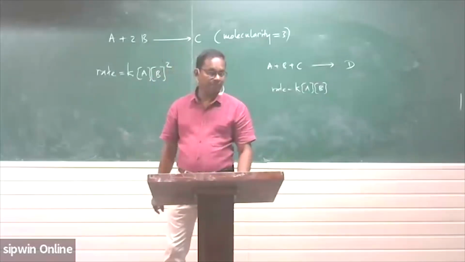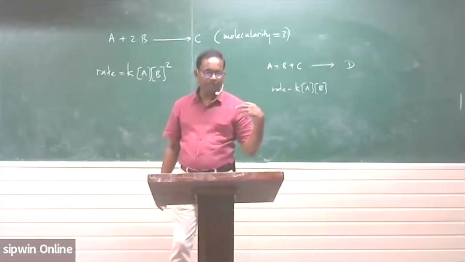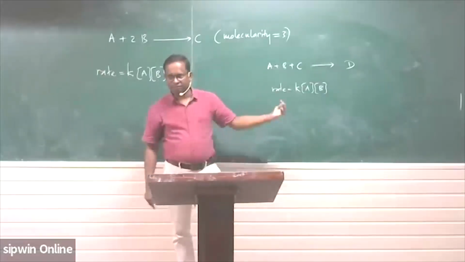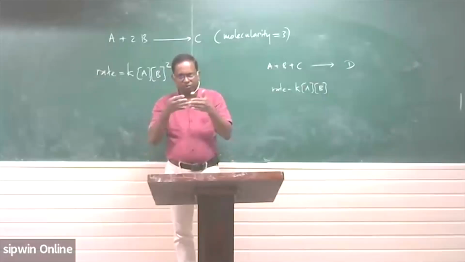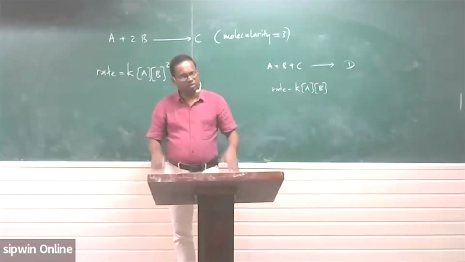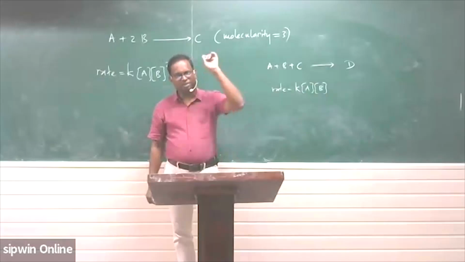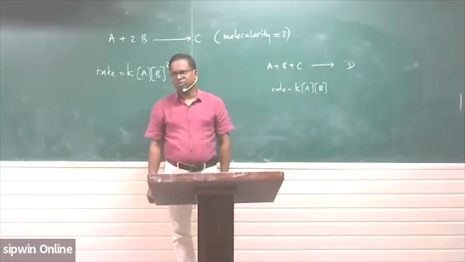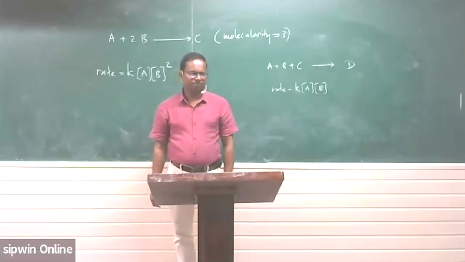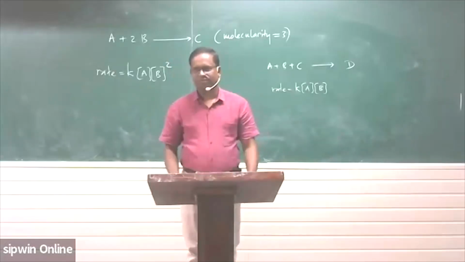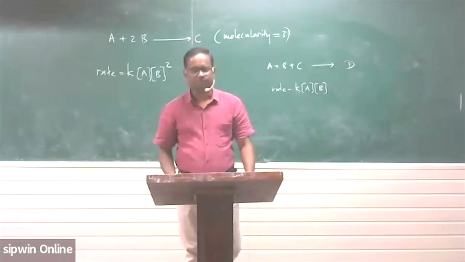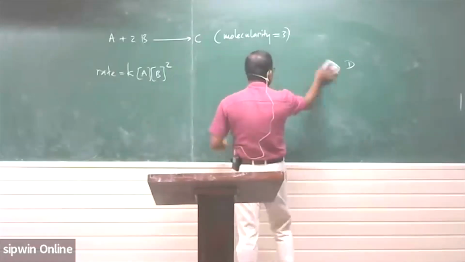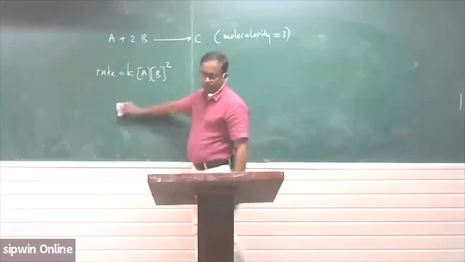These decisions are very important. They have given a rate law, and in that rate law some components are not there. That means you can directly decide this is definitely a multi-step reaction. This is not an elementary reaction. Understood? This is a multi-step reaction. All right?